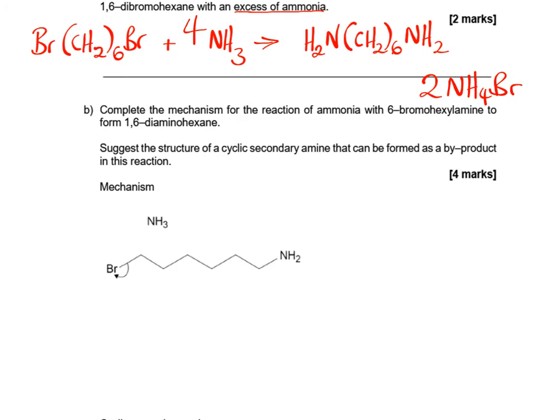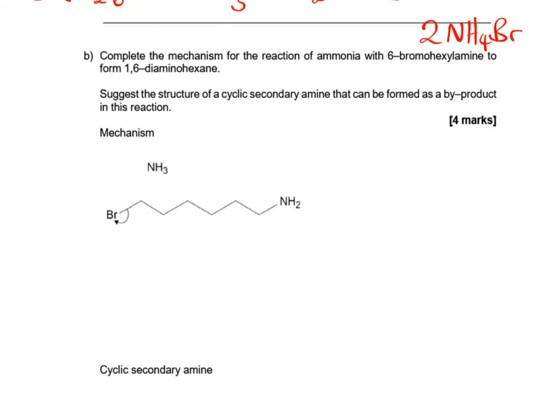For the mechanism, perhaps an easy mark to start with, as long as we put the lone pair on the ammonia, so we're attacking the delta positive carbon, which is that one there. We now need to show the structure of the intermediate we'd make.